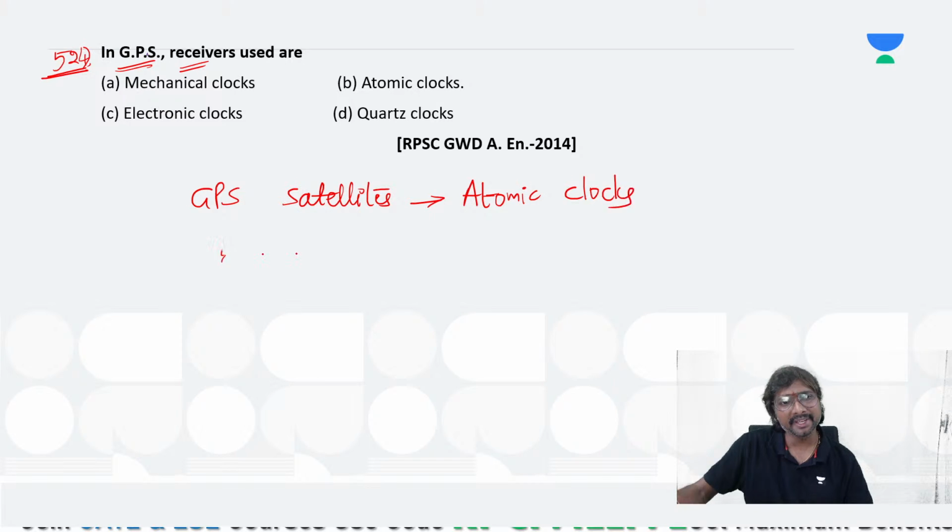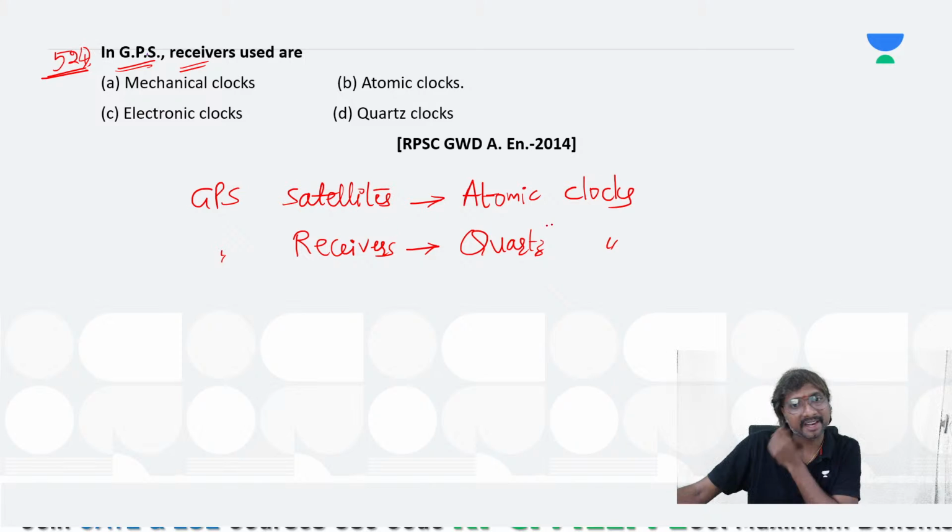And the GPS receivers, what are they using? Receivers means in your mobile or in your GPS device. The quartz clocks are used. So in the receivers, quartz clocks are used, and in the satellites, atomic clocks are used.